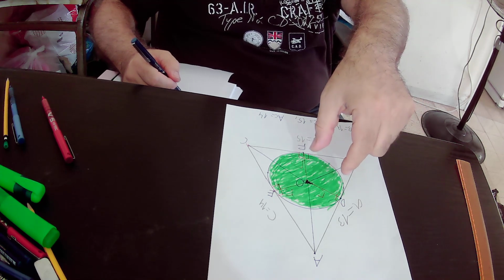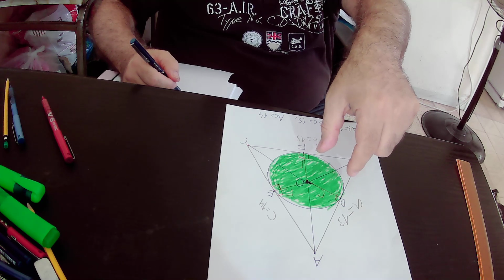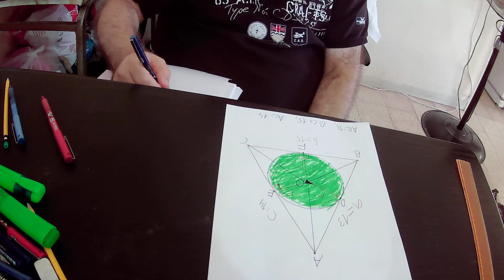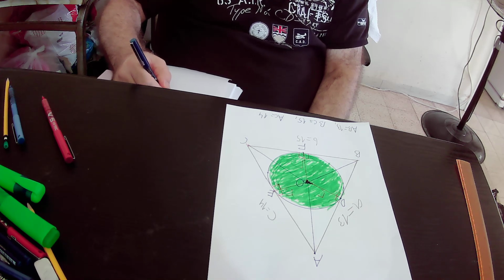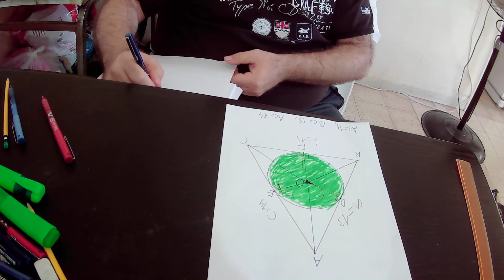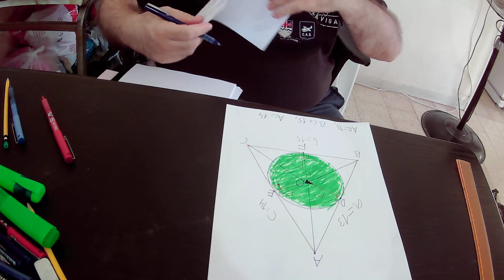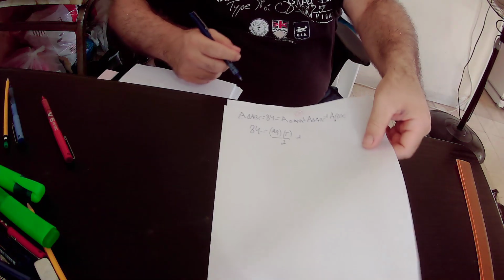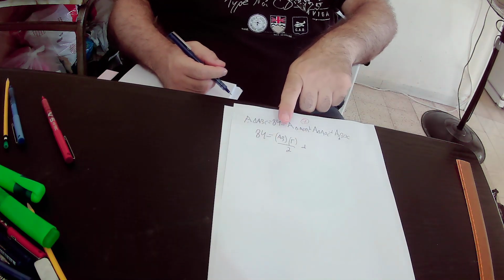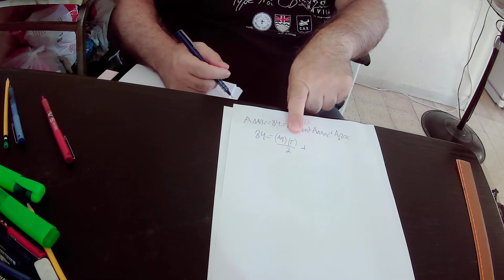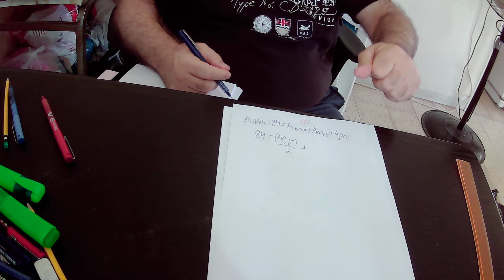Therefore, the radius is the height of triangle AOB. So it is AB times R over 2. So we found out that the area of the small triangle AOB equals the base, that is AB, times the height to the base, that is the radius of the green circle, over 2.